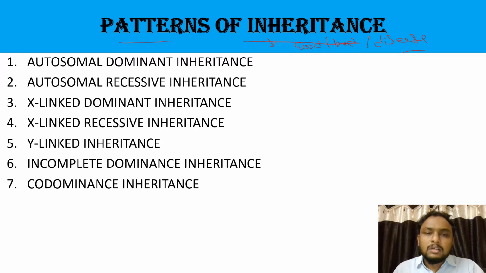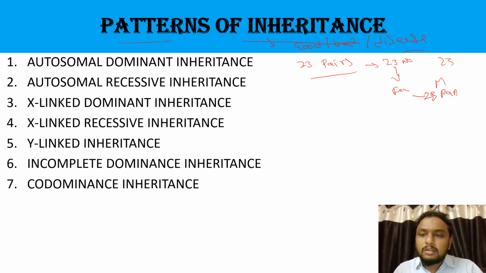Before that, in a human being, we already know 23 pairs of chromosomes are there. For a child, 23 chromosomes from the father and 23 from the mother will transfer, and in total it will become 23 pairs, 46.